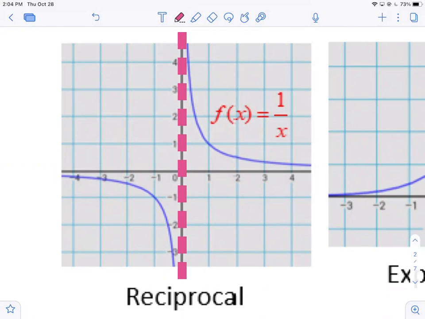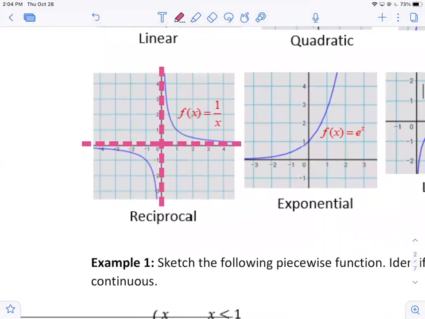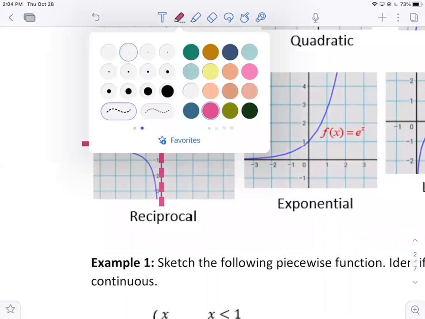They get smaller and smaller and smaller, approaching what? 0. So it has a what also? Horizontal asymptote at y equals 0. So aside from the way the graph looks, you need to remember that this graph has both a vertical and a horizontal asymptote, essentially on the x and y axis.